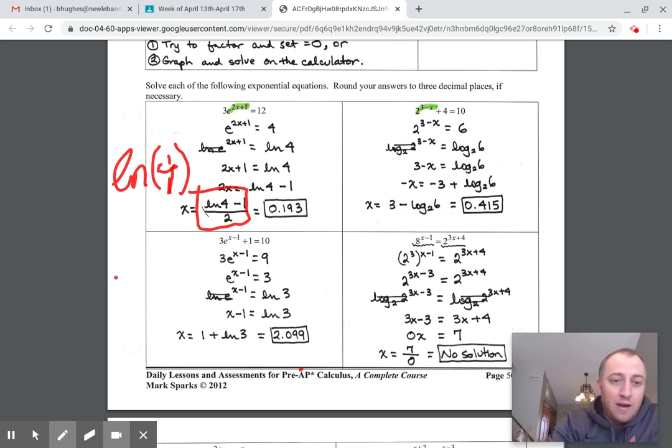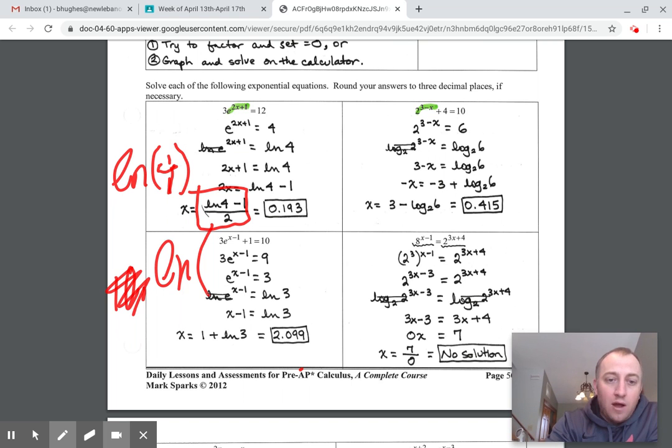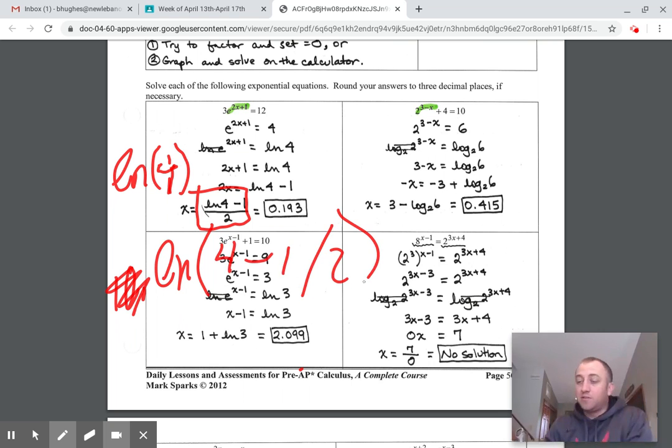If you type in the natural log of 4 minus 1 and then divide it by 2, that is not going to be taking the natural log of the correct number, because your calculator, if you typed it in like that, is going to group all of that together. Now, I know some calculators are a little bit different, so just be careful when typing that in in terms of where the parentheses are and making sure that you actually get the correct number.